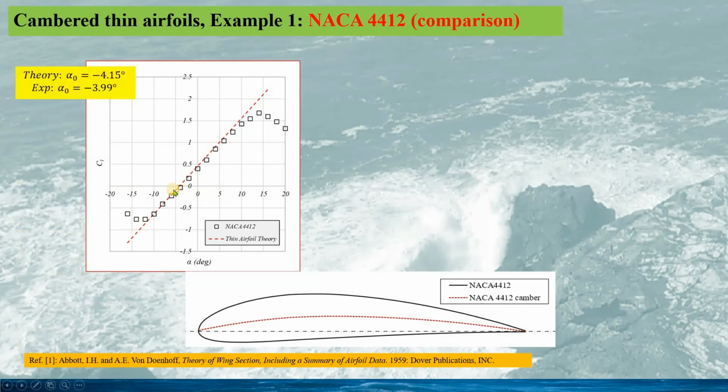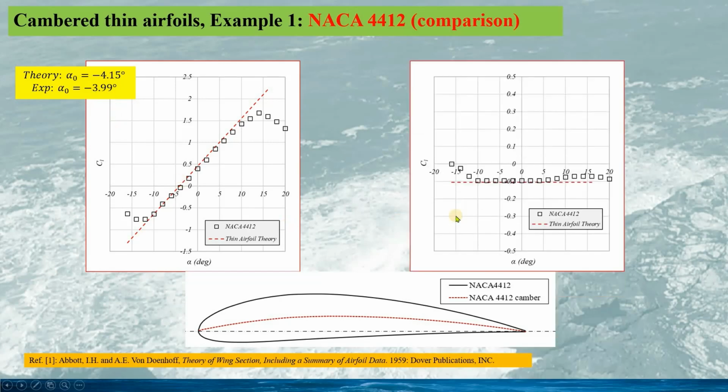And the zero lift angle of attack is predicted as minus 4.15 degrees, while the experiment data is minus 3.99 degrees. Both are very close. This is the comparison for the moment coefficient. The thin airfoil theory prediction gives minus 0.106, while the experiment data shows minus 0.095, quite close to each other.